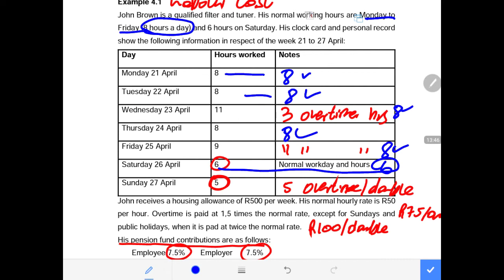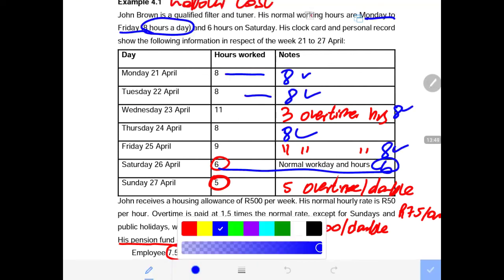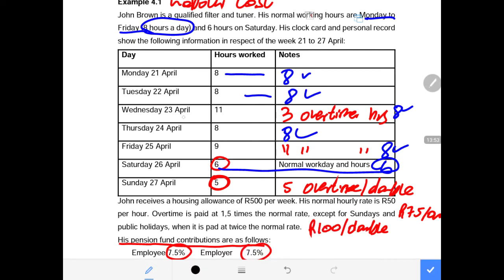Remember, when it comes to the overtime, we highlighted that on Wednesday the employee worked 3 hours over and above the normal hours, and on Friday over and above the normal hours he worked 1 extra hour.